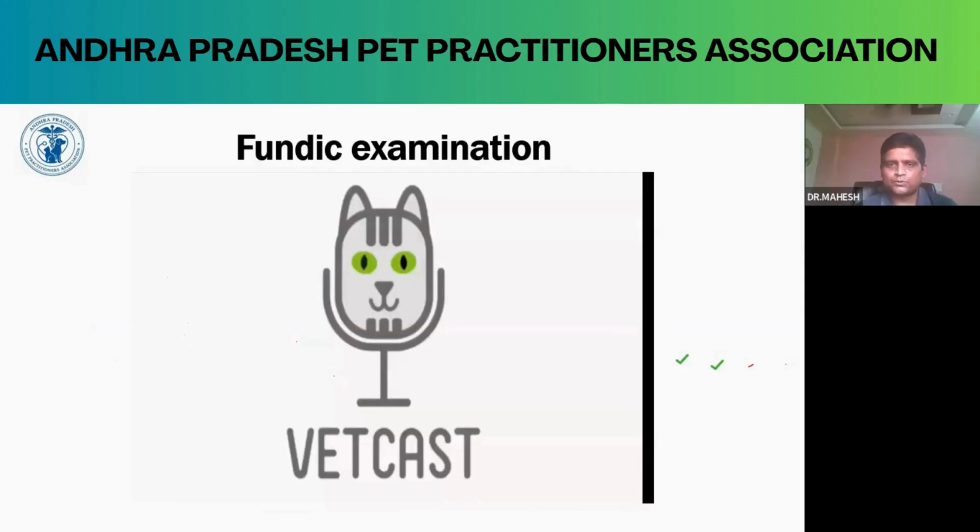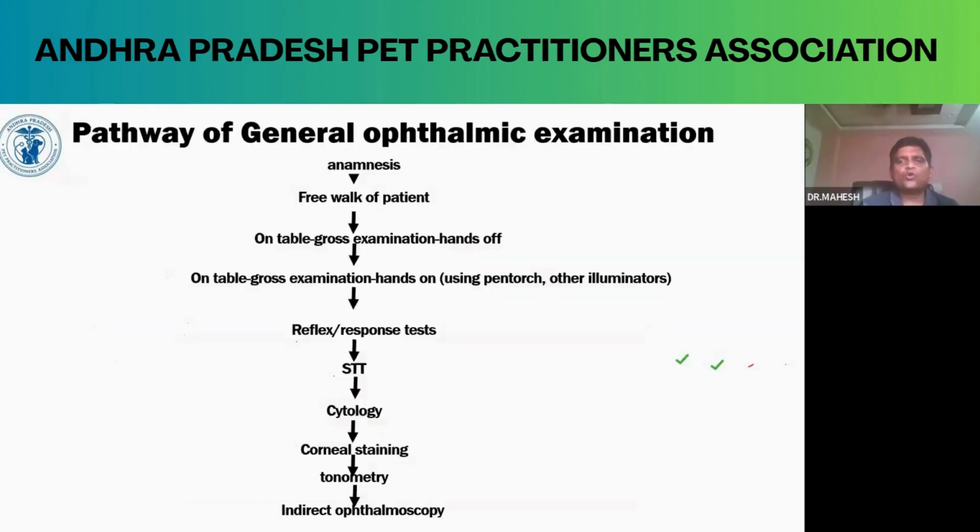This is a general ophthalmic examination of the fundus using the indirect ophthalmoscope. So this is the flow of the general ophthalmic examination whenever you go for any eye problems. First, you have to go for the anamnesis.